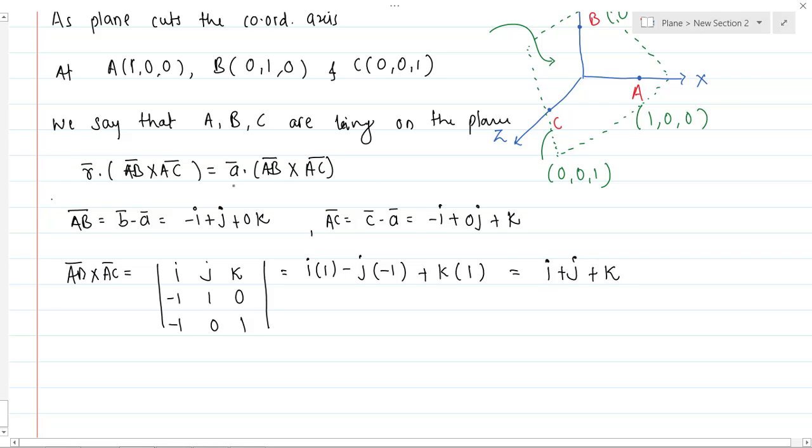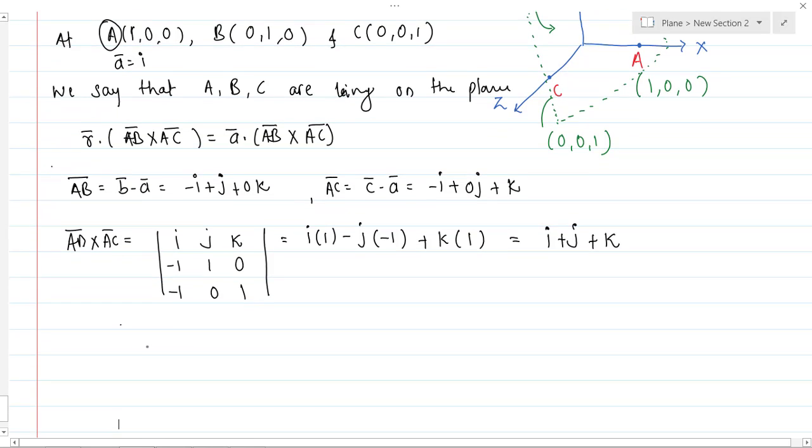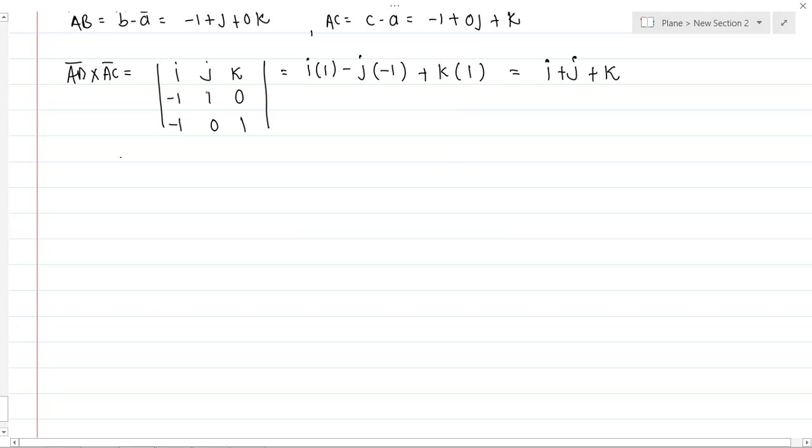And what will be A bar? A bar is nothing but the position vector of point A. So A bar I can write down, which is i only. Okay, so let's substitute this vector AB bar cross AC bar in the form r bar dot AB bar cross AC bar equals A bar dot AB bar cross AC bar.